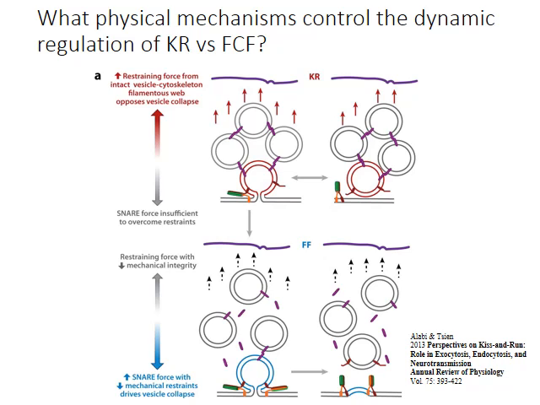So besides the frequency-dependent, calcium-dependent, and possibly phosphorylation-dependent regulation of the balance between kiss and run and full collapse and fusion, there may be physical controls on the synaptic vesicle that limit the mode of vesicular release.